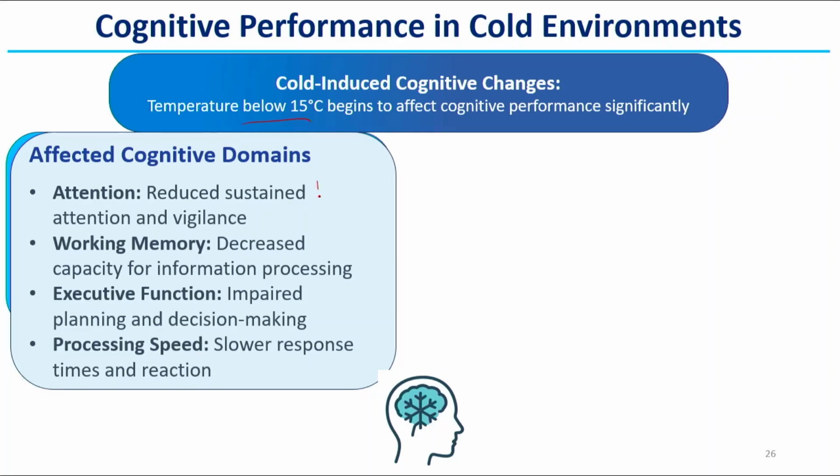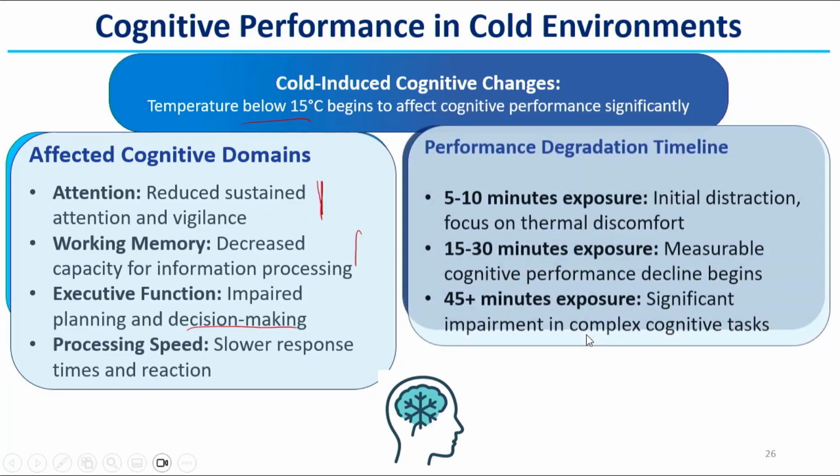People exposed at that temperature will lose attention, working memory decreases, executive function is impaired in planning and decision making, and processing speed slows down, so the response will be slower. So, these are the different types of cognitive responses.